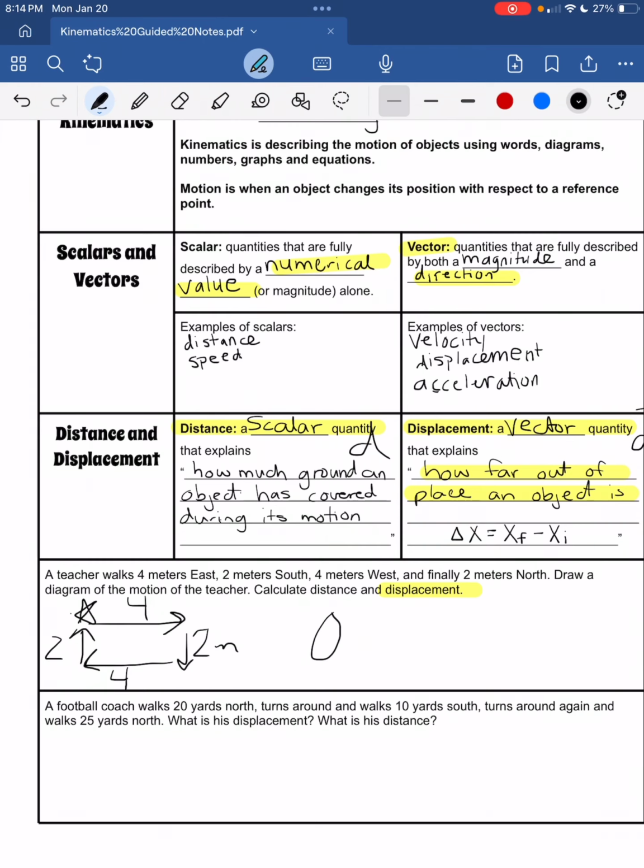So if we found delta x by taking x final minus x initial, we would end up with 0. So delta x equals 0, because we ended in the same place we started.